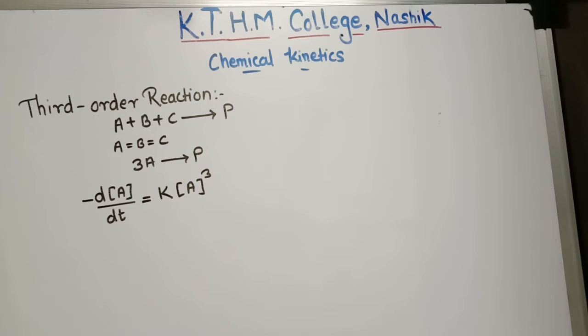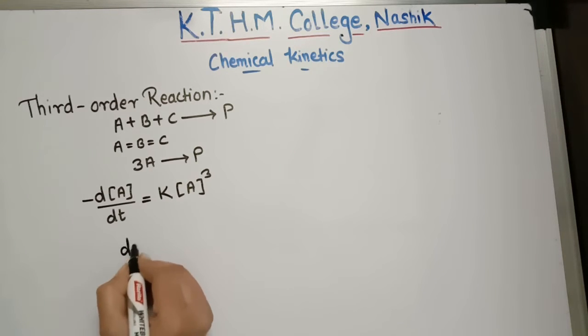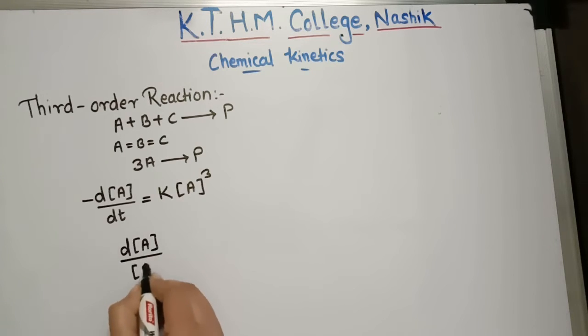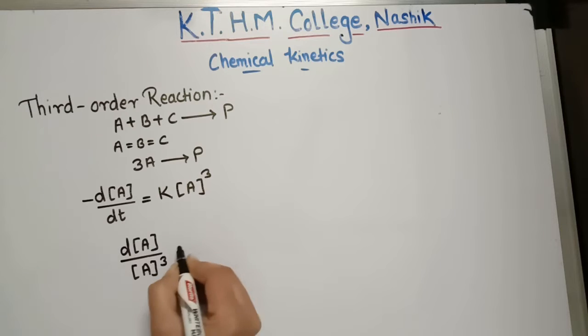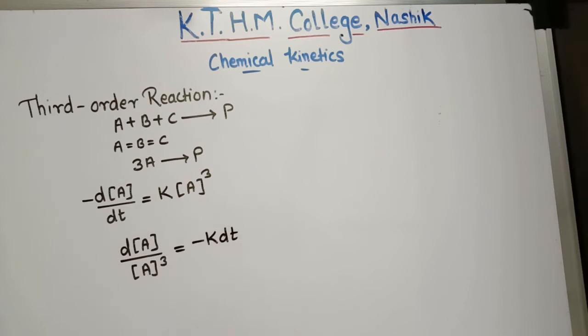Now we will transfer the terms: dA upon A cube is equal to minus K dt.